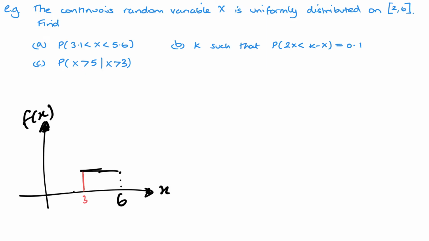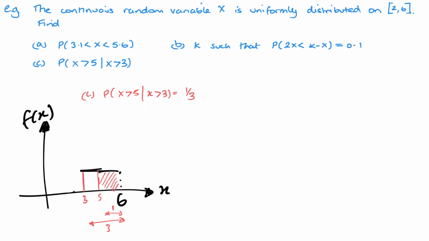We know that x has to be greater than 3, and we want to know when it's greater than 5. So we're looking at this distance here is 1, this distance here is 3. So for part C, the probability where x is greater than 5, given that x is greater than 3, is equal to 1/3. Nice and easy.